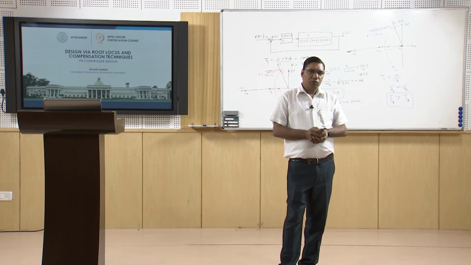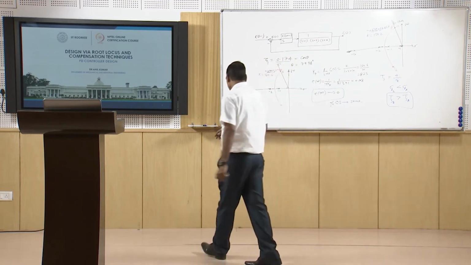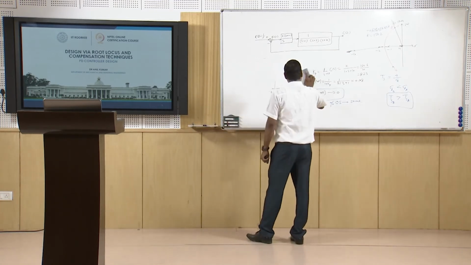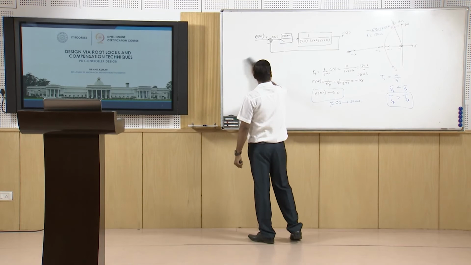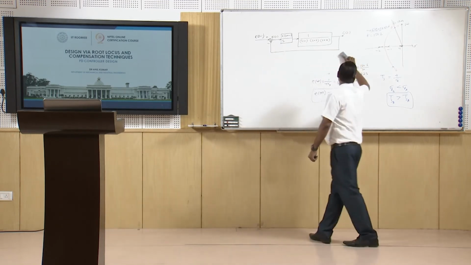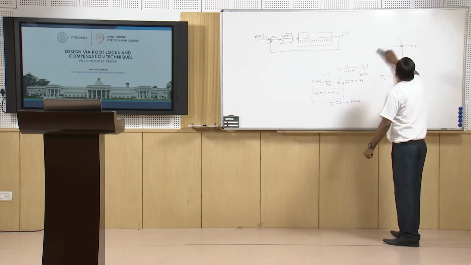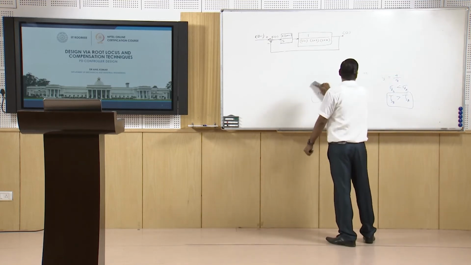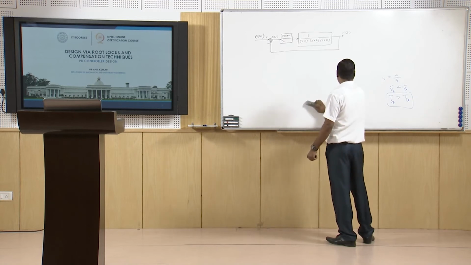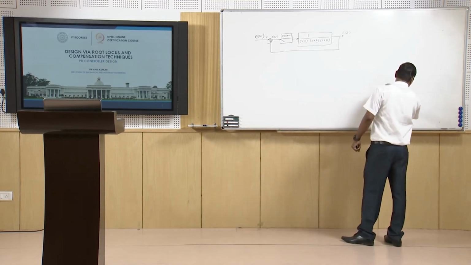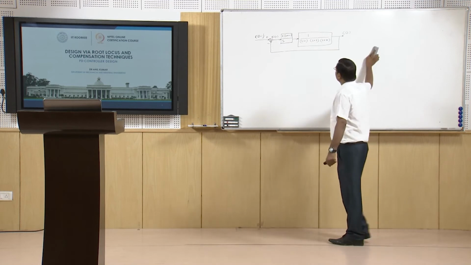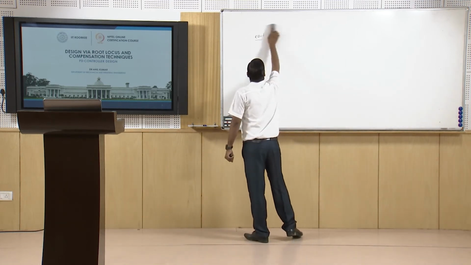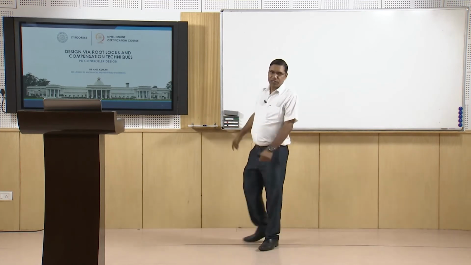So if we want to improve the transient response, we can select a point on the root locus or on the S plane, so that we can get the desired transient response. However, if the point that is giving the desired transient response is not on the root locus, then we need to use this PD controller.